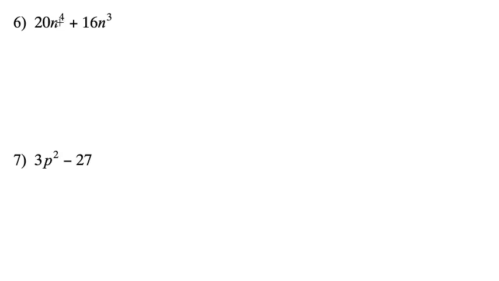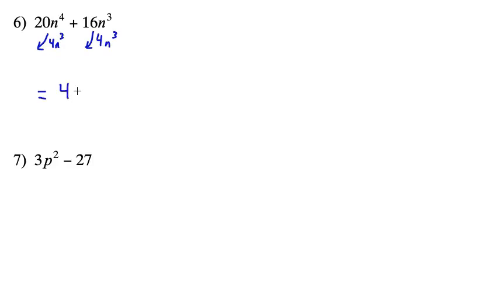Now here we have a fourth degree polynomial. Let's see if there are any common factors that we can factor out of both of these terms. Let's see, we can divide both of the numbers by 4, because 20 is divisible by 4, and so is 16. And we can also divide out n cubed from both of them.